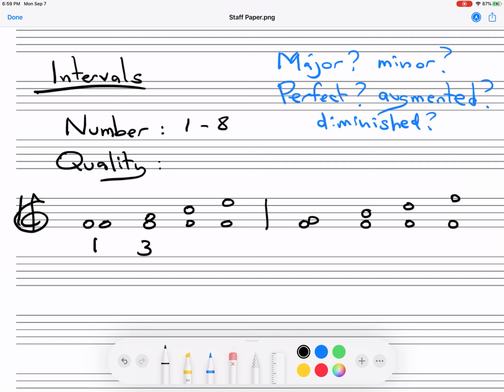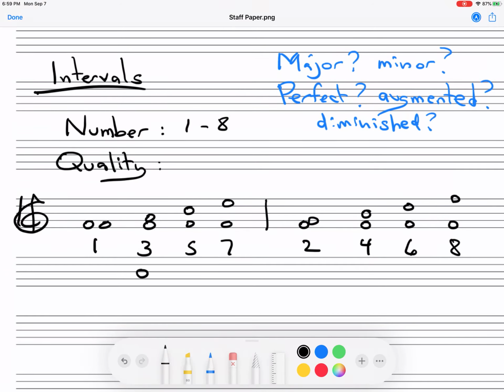But using this method, you can see the next one's 5, 7, and on the right it's 2, 4, 6, and 8. What's interesting about this, of course, is that on the left side it's odd, on the right side it's even. Odd number intervals go from a line to a line note, or in this case, a space to a space.